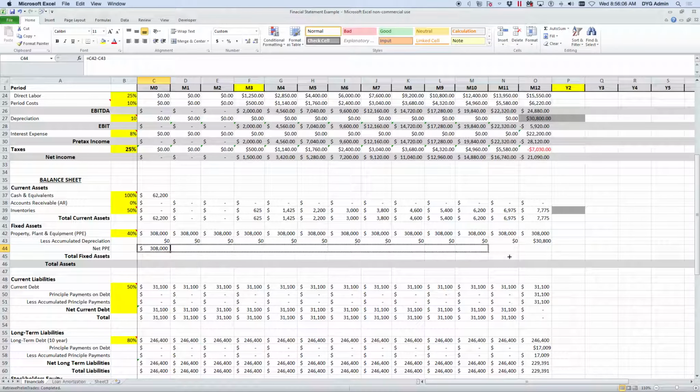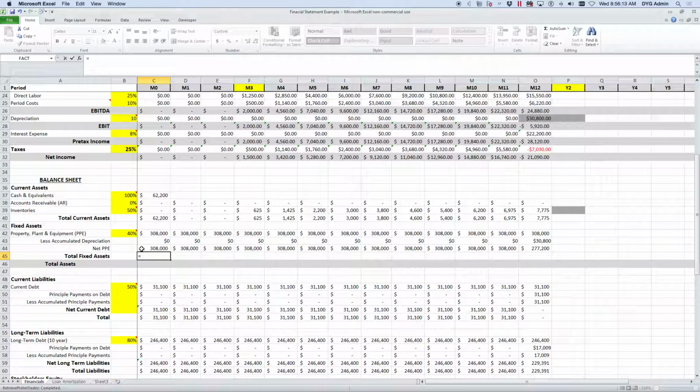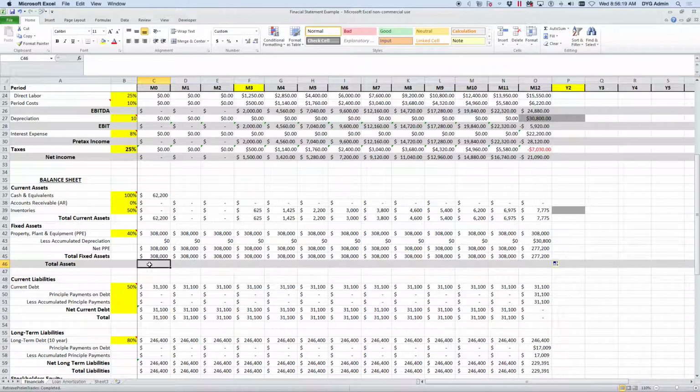So a lot of this right now is just sort of tidying up the income statement. Total fixed assets, we only have the one, so that's just equal to that. All right. And the total assets will be equal to the current assets plus the fixed assets. Boom. 370.02. That formula can get dragged to the right.